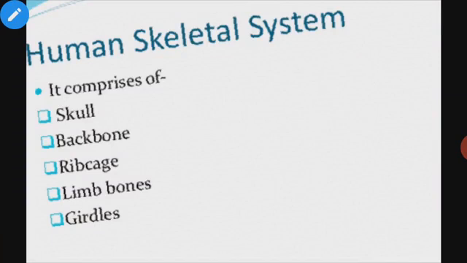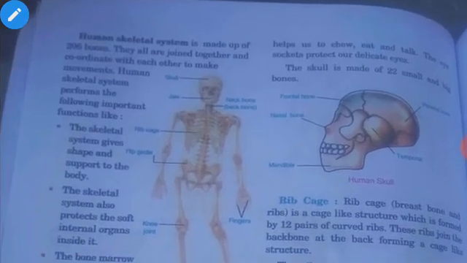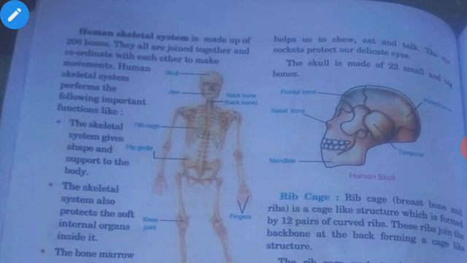Dear students, in the previous lecture I discussed the human skeletal system and its functions. The functions of the human skeletal system: it gives shape and support to the body.